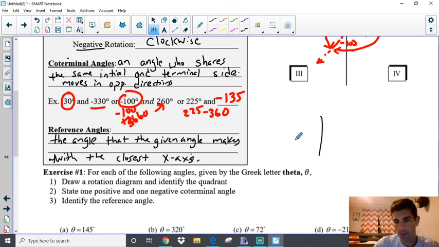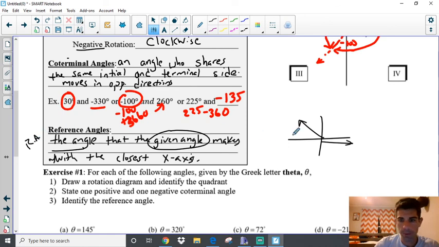So the given angle is the angle that you started with, the angle they gave you. So there it is in words.